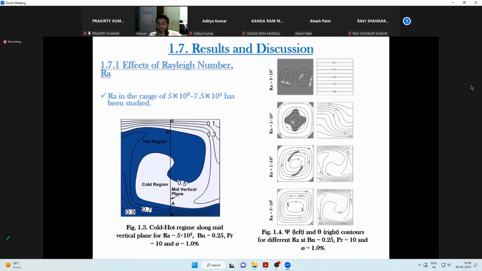So you can see in the figure, where should I start? Okay, let us do it for figure 1.3 first. Bottom part is the heated one. The top part is the cold one. The fluid was initially stationary, and because of the induction of heat from the bottom, the heat penetrates through the fluid media.